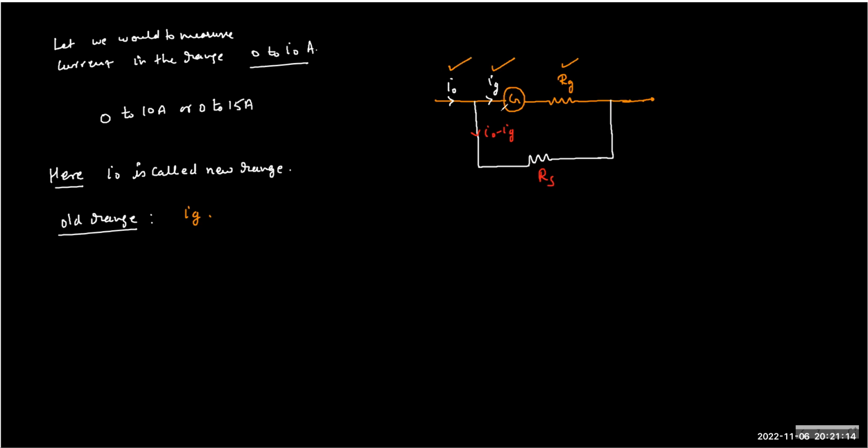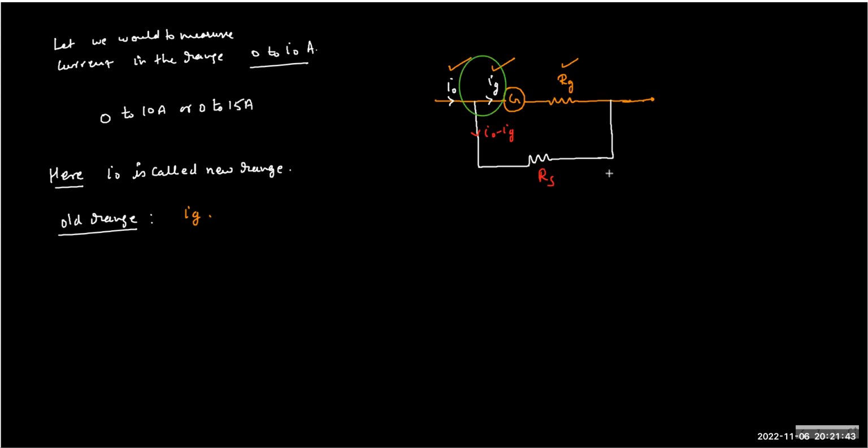So what we decide as a manufacturer is Rs. Here the variable is Rs, because everything else is known, as the specification will be given to you. So as a manufacturer, we decide what Rs will achieve the given range of operation.